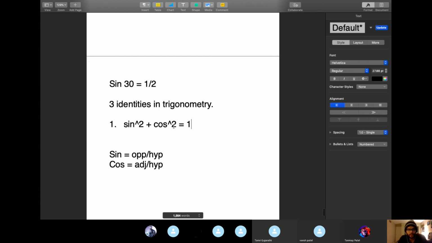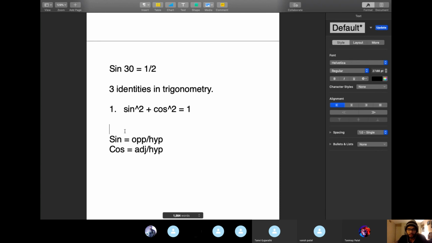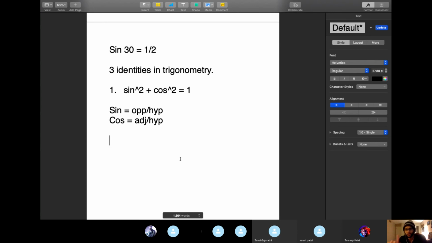Let us first just write down what we have to prove. We have to prove that sine squared plus cos squared is 1. So let us write it like this. Opposite by hypotenuse squared, because this is sine, plus adjacent by hypotenuse squared, because this is cos, and we want this to be equal to 1.